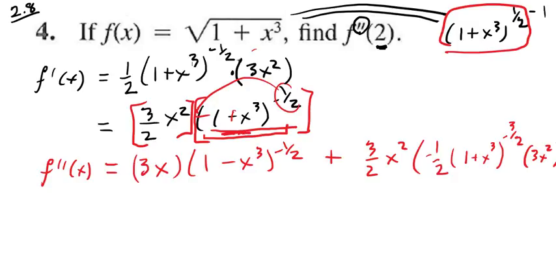Okay? Now, the good thing about this is, don't look at this and start to cry yet, because we don't have to simplify it. All I need to do is substitute 2 in wherever I see x.